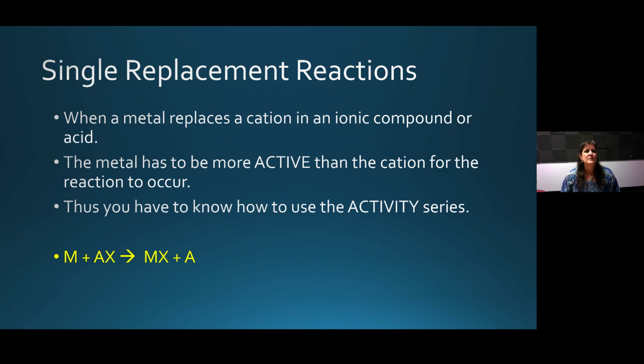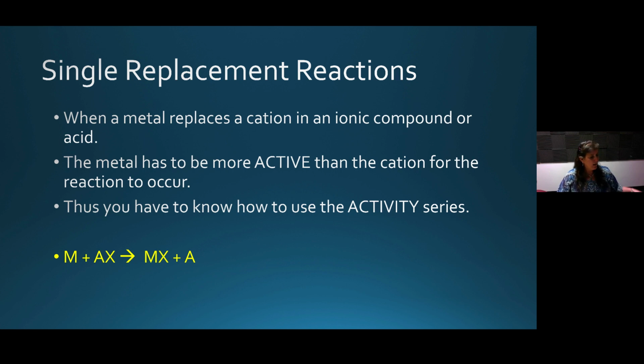Alright, a single replacement reaction is when a metal replaces the cation, which is the positively charged ion, usually the metal, in an ionic compound, or an acid when it replaces the hydrogen in the acid. Now, the metal has to be more active than the cation or hydrogen for the reaction to occur.